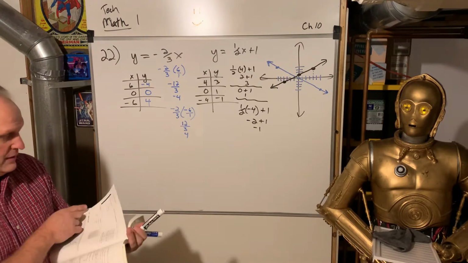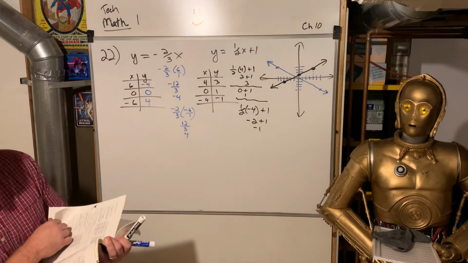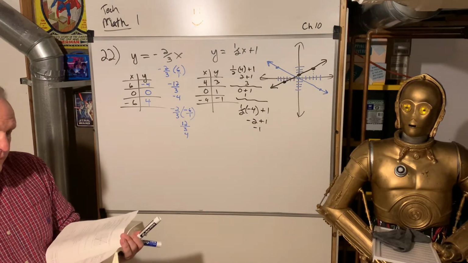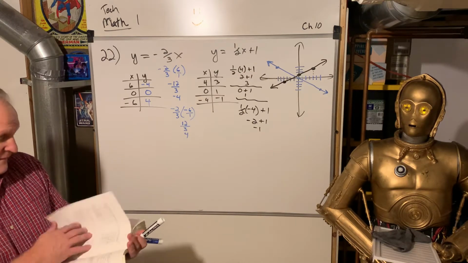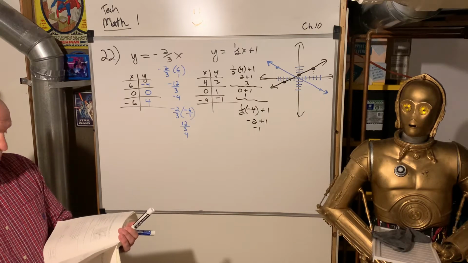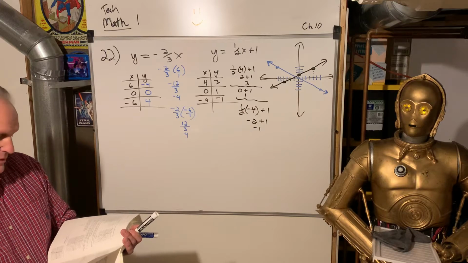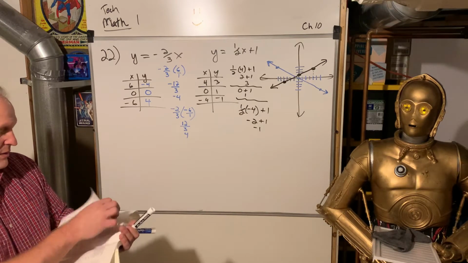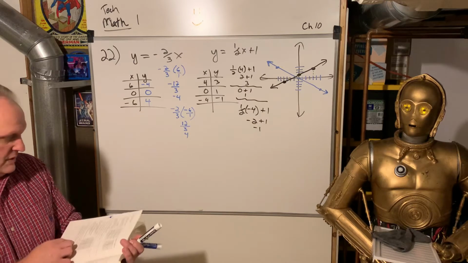And then, what did we want here? Whoop, jump to 10.4. I did jump to 10.4. Okay, so on 10.4, graphing a linear equation, and where does 10.4 start?